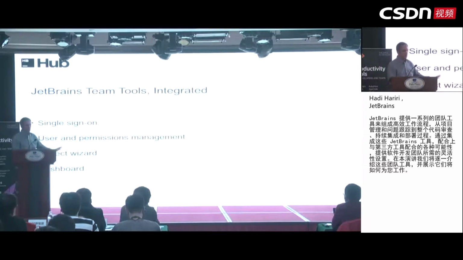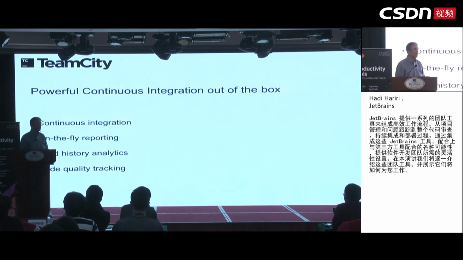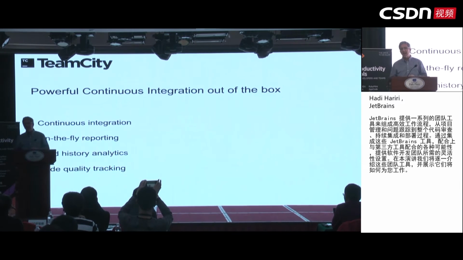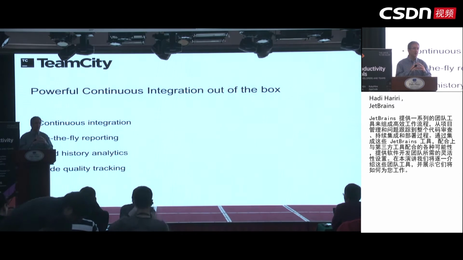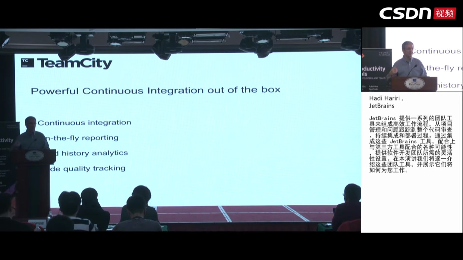And we'll see demos of all of these in a moment. Then we have TeamCity, which is our continuous integration tool. And TeamCity has been built from day one to be a simple tool, but that can scale with your needs, right? So as your project increases in size, TeamCity will be there to increase in size with you.